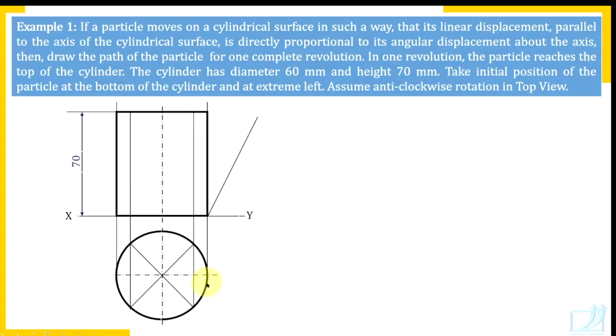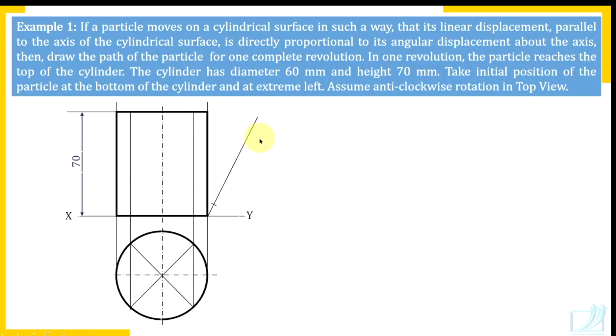One more very important thing. If you divide this circle in 12 parts, you should divide pitch in 12 parts. Now we have divided circle in 8 parts, so we should divide pitch in 8 parts. So to divide this height 70 mm pitch in 8 parts, use our regular procedure. So draw a line, an inclined line.